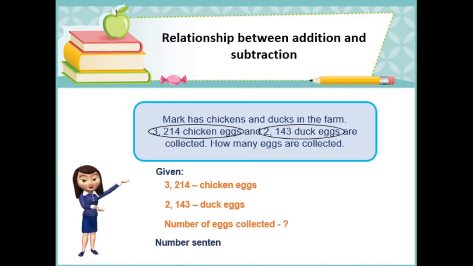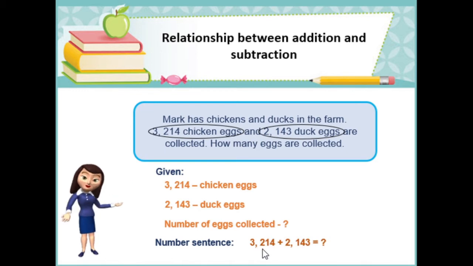So our number sentence would be 3,214 plus 2,143, plus, because we put together the eggs collected, may it be chicken or ducks.